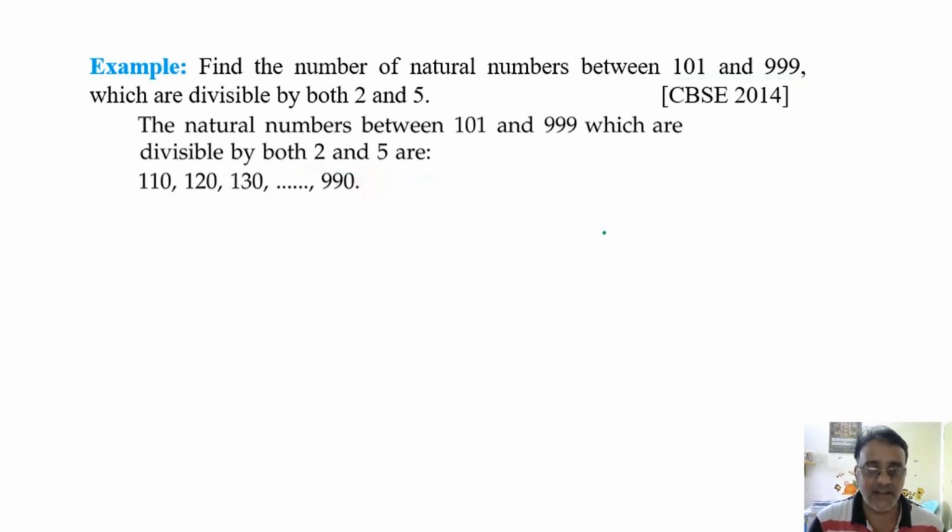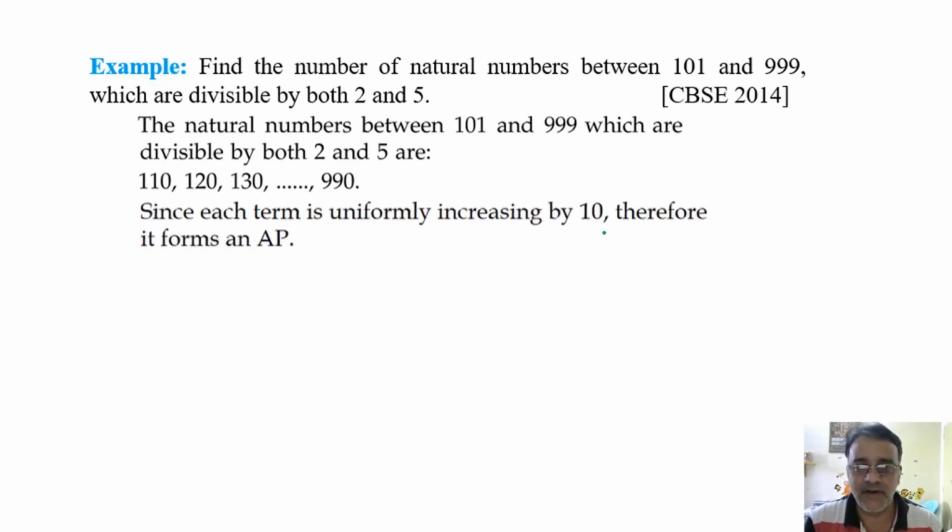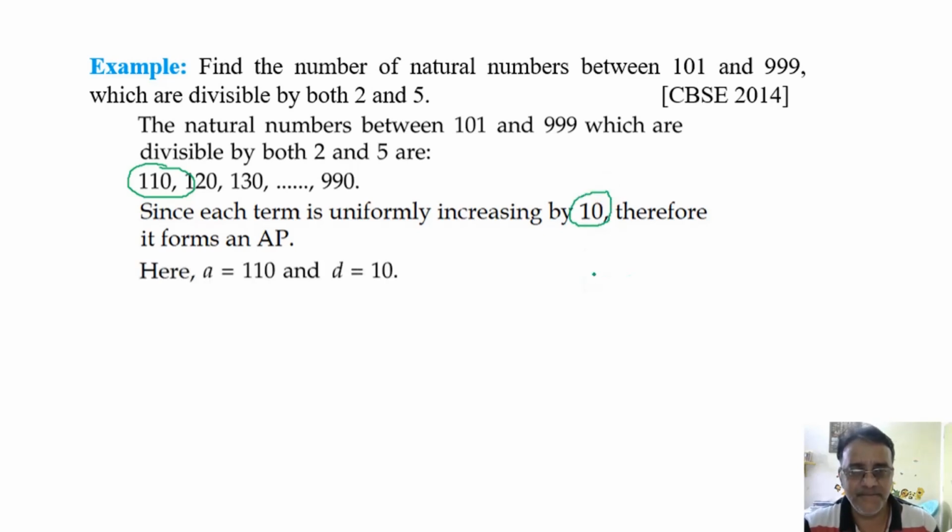Again we can write here, since each term is uniformly increasing by 10, therefore it will form an AP. And what is the first term here? 110. And common difference D is equals to plus 10. Okay. So now we have to find which term is 990.